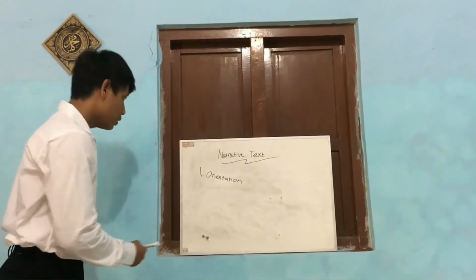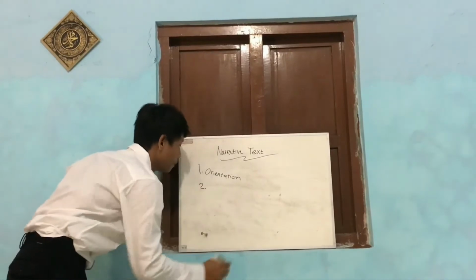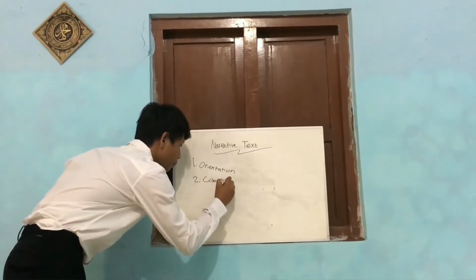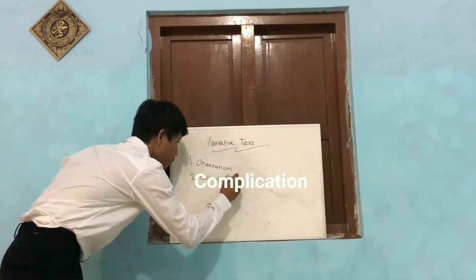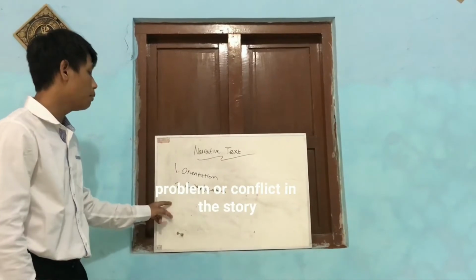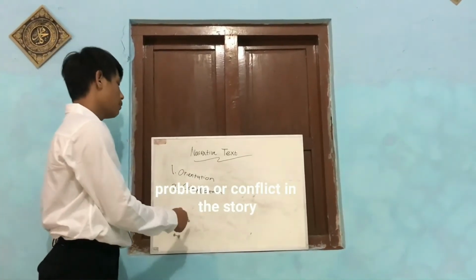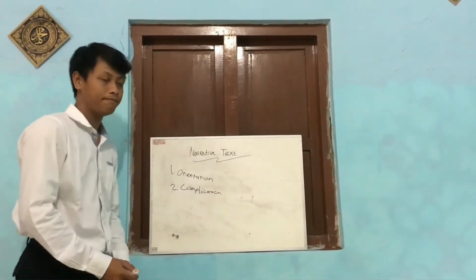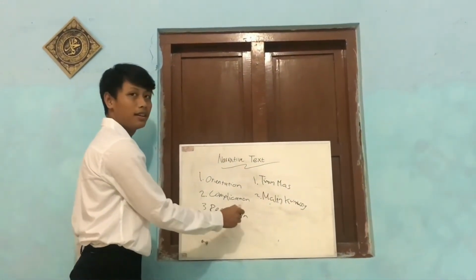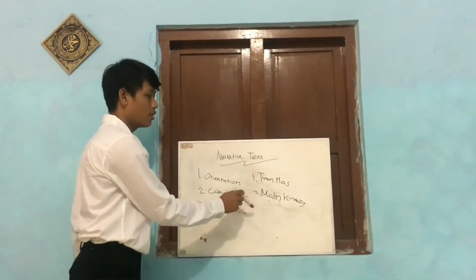And the second structure is complication. In this section, we have a problem or conflict for the main character in the story. And the last is resolution. Resolution is the happy ending of the story.